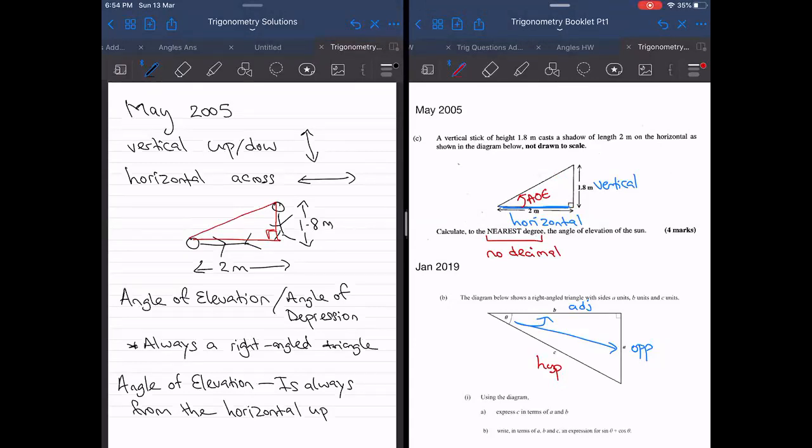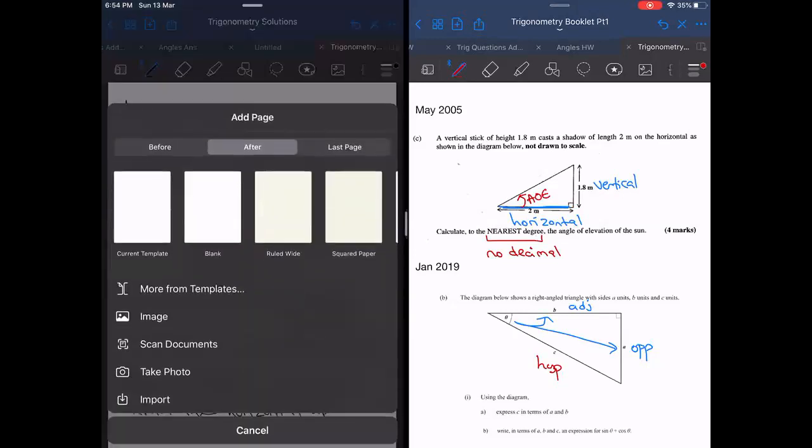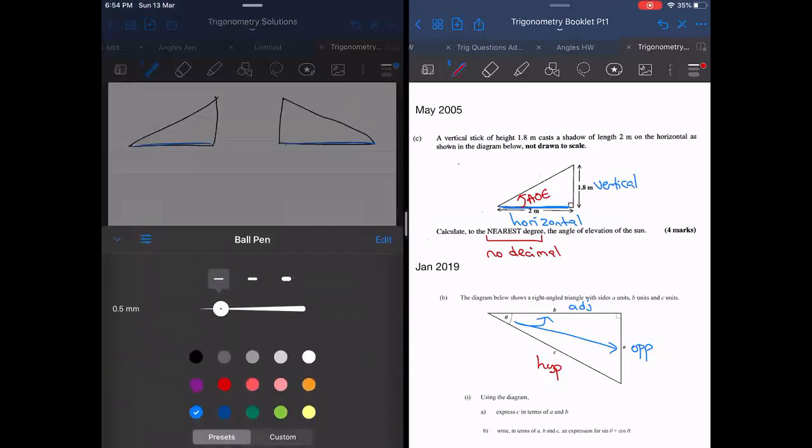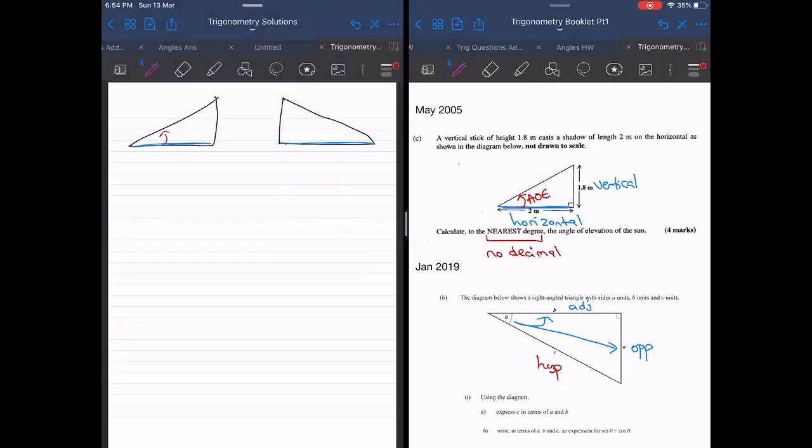Okay, so those who need to take notes, take notes. All right, so if we have these two, this is the horizontal, so depending on how it's drawn, it's from the horizontal up.